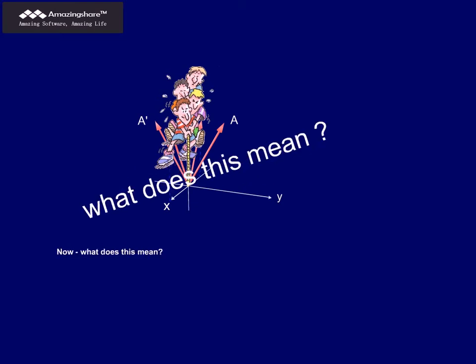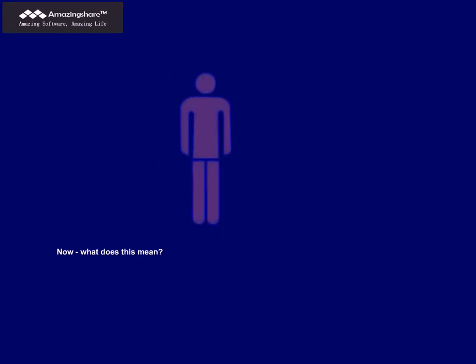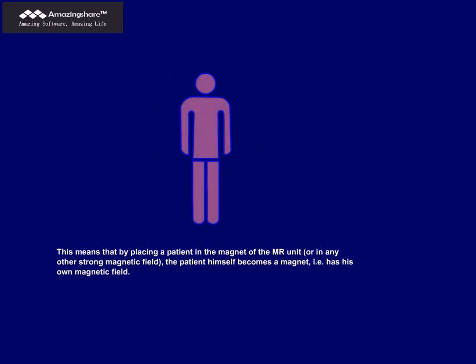Now, what does this mean? This means that by placing a patient in the magnet of the MR unit, or in any other strong magnetic field, the patient himself becomes a magnet. In other words, has his own magnetic field. Why?